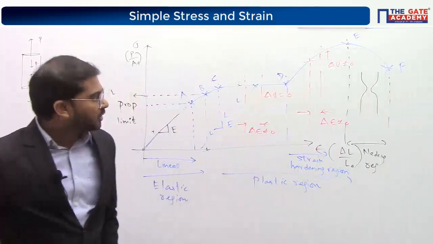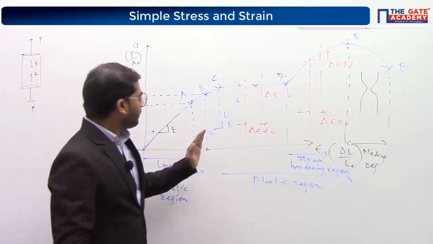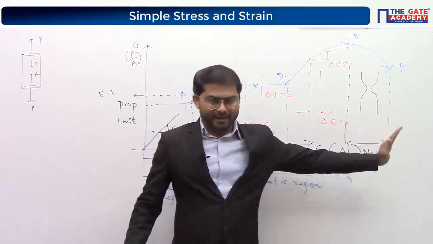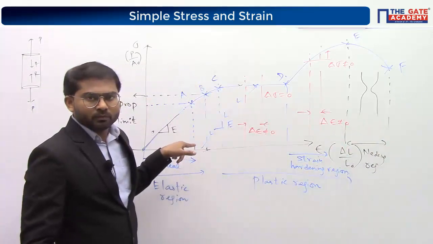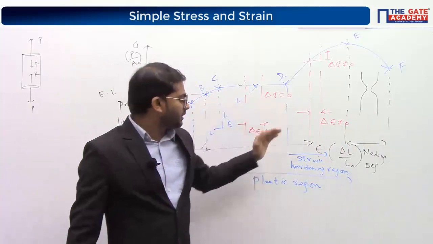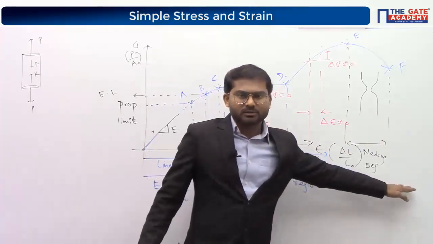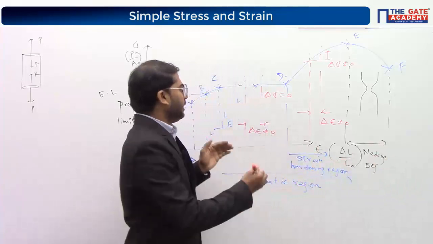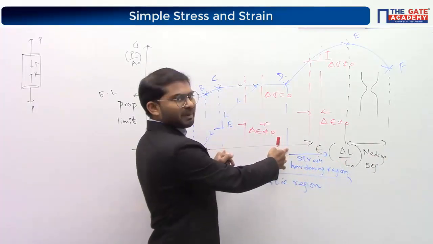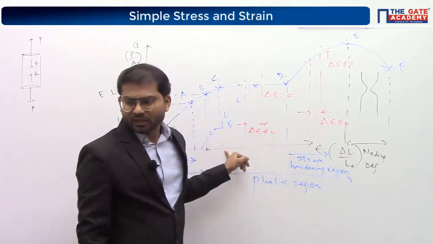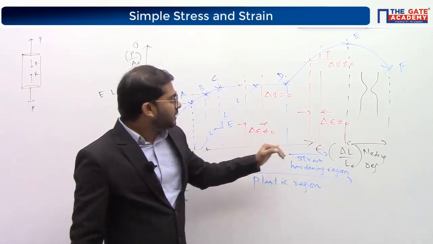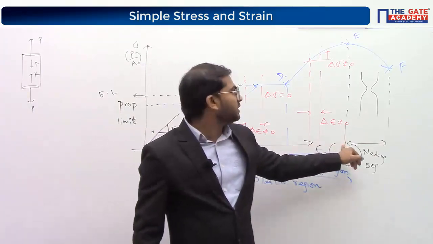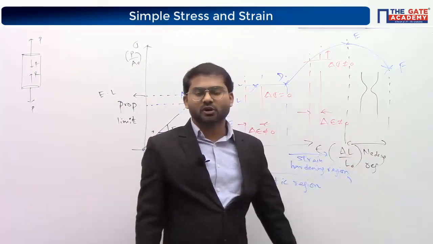One important thing you have to keep in mind is, from this point C till the end, this behavior will be there. The complete region we can call the plastic region, but strictly speaking, many books say that only this region is the plastic region. That's why I gave it that way in the diagram as well, from C to D. The remaining region from D to E is called the strain hardening region, and E to F is called the necking region.